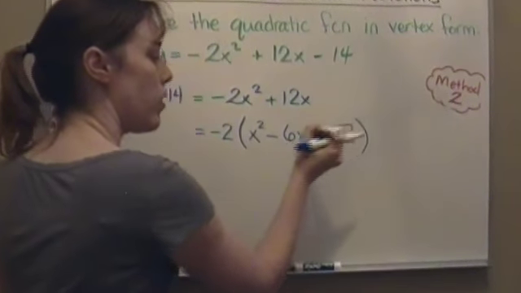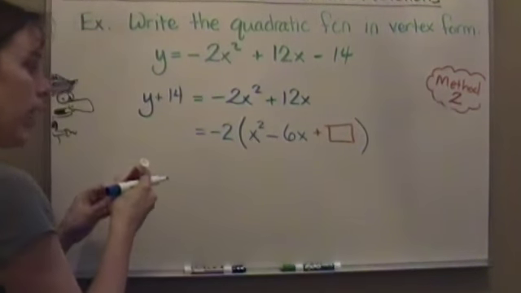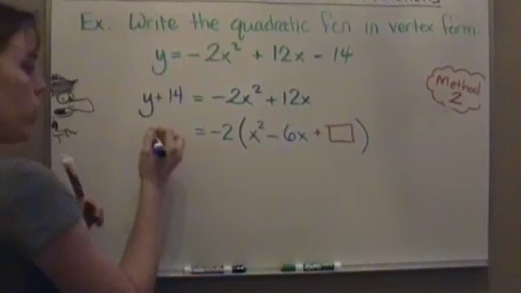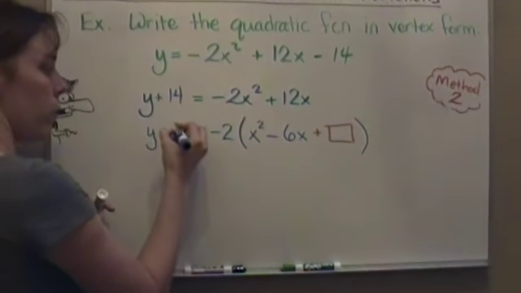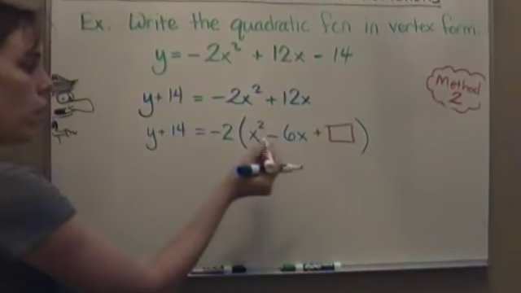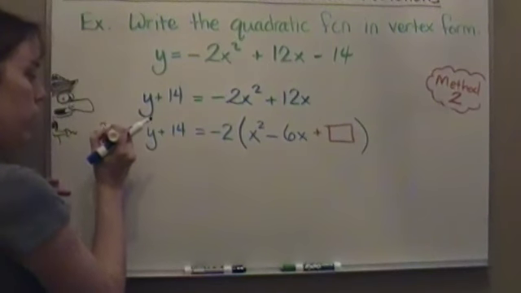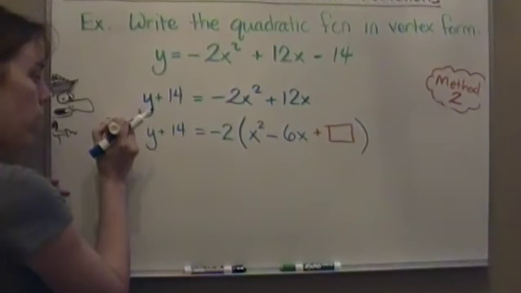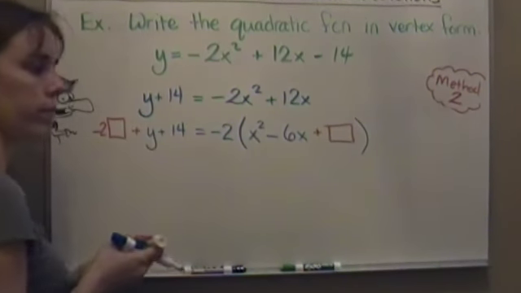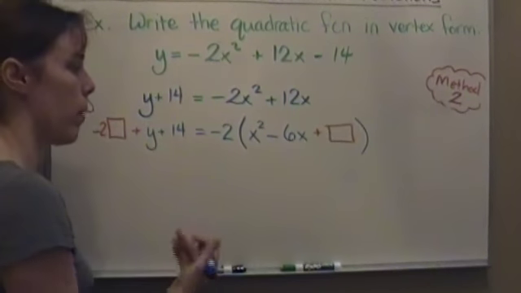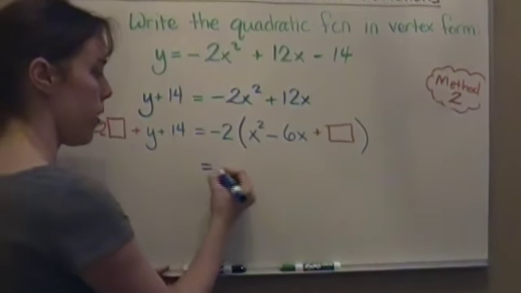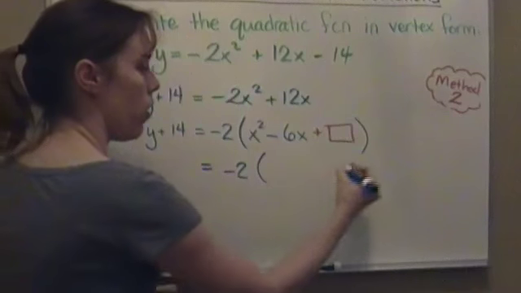But anything I add to one side, I have to add to the other side. So I still have my y plus 14 here, and I'm going to add negative 2 times whatever is going into that box, so that I add the same thing, keep it balanced. Okay, keep the negative 2.